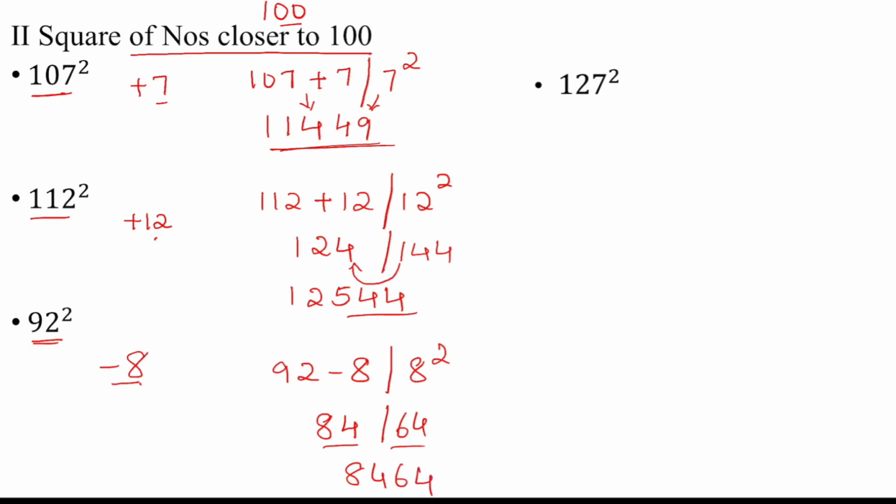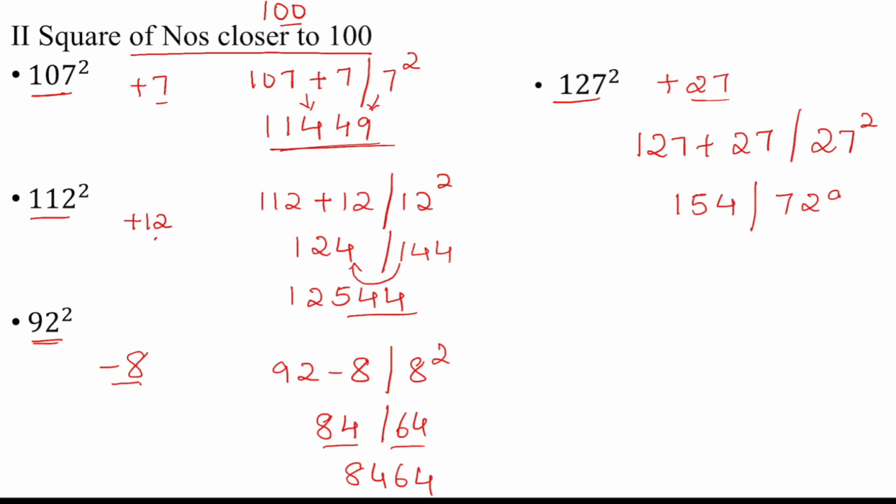Next, 127 square. Now 127 is how much more than 100? It is 27 more. Now take this number 127 and add 27 bar 27 square. Okay, 127 plus 27 is 154 bar 27 square is 729. So add this 7 to 4.